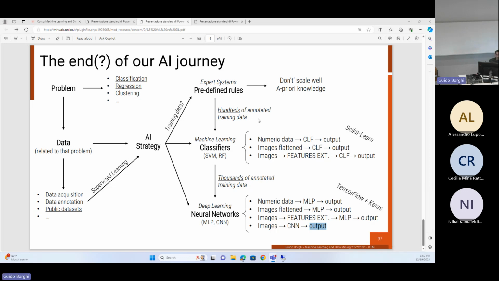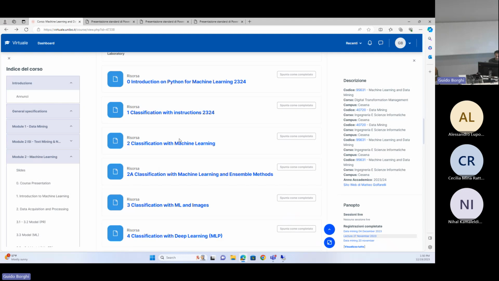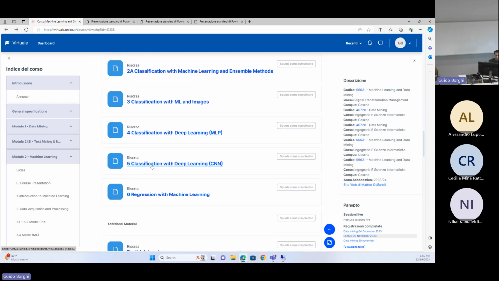Okay, so now you can download exercise number 5, if I remember well, from Virtuale. Exercise number 5 is about classification with deep learning, and in particular with convolutional neural network.